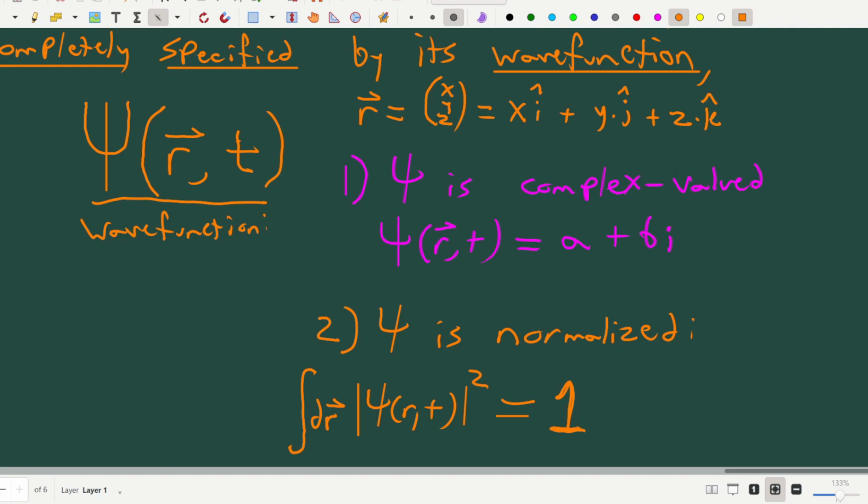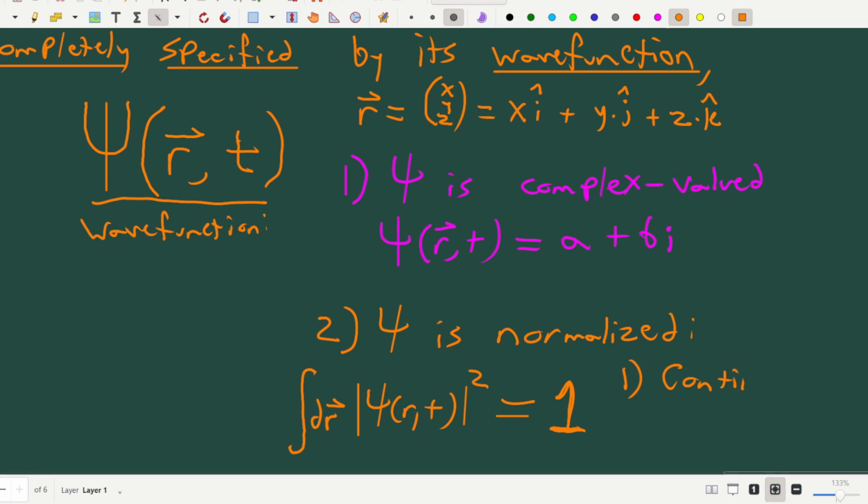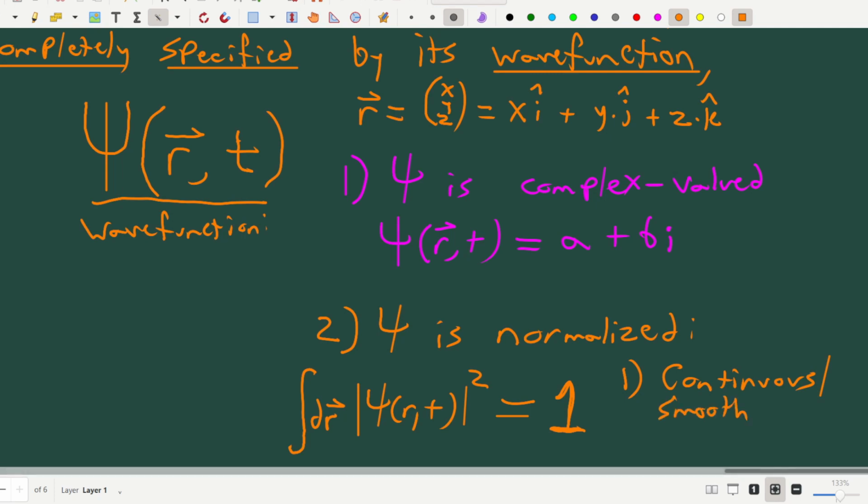So it can't integrate to infinity. It has to integrate to a finite number. And in particular, it's going to be set such that it's going to integrate to 1. Right? So what does that mean? Basically, that means that the function has to be continuous and smooth, which means that it can't have any little cusps or anything like that.